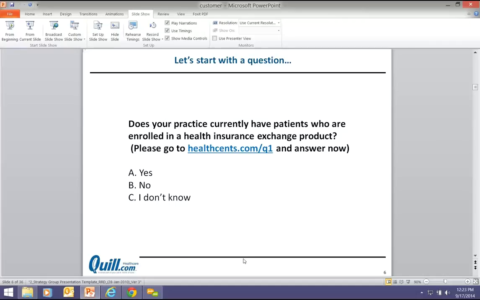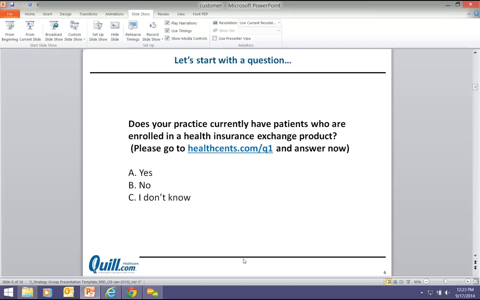And they had several findings that I just want to reel off real quickly because it's apropos to the discussion here. First is that practices have difficulty obtaining patient coverage information. In fact, 62% of the practices surveyed report moderate to extreme difficulty in obtaining patient coverage information.